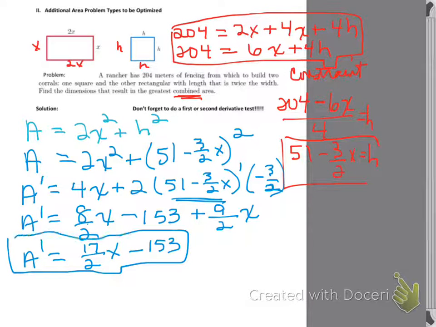What is my second derivative? That's going to be A prime prime, and that will be 17/2, which no matter what I do will always be a positive number, and therefore if it's a positive number, it looks like I'm going to minimize my function by finding this critical value.